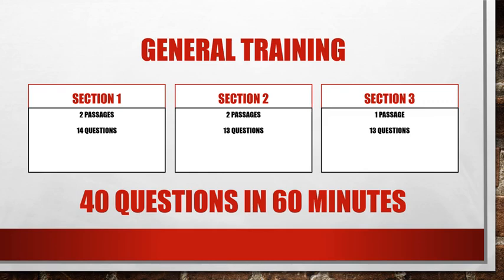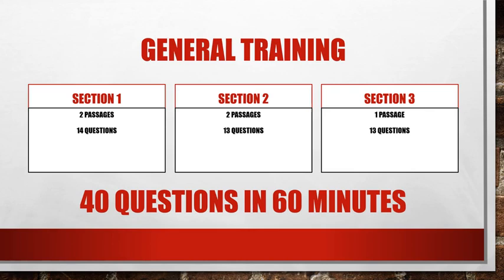So altogether, you have 40 questions across the 3 sections of the general reading tests. So you can prepare for your tests to ensure that all of these sections and these tips I'm sharing with you are well adhered to.